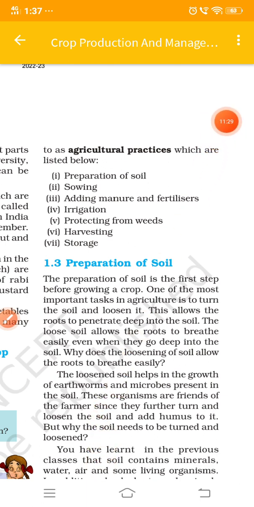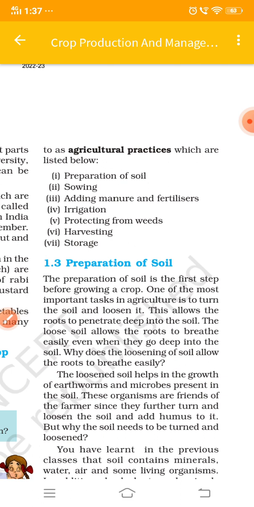Now preparation of soil. We will discuss the methods which are used for agriculture. First of all, land shall be fertile, which means preparation of soil. Land is fertile means soil is fertile, right? Then sowing, which means we have to sow seeds.